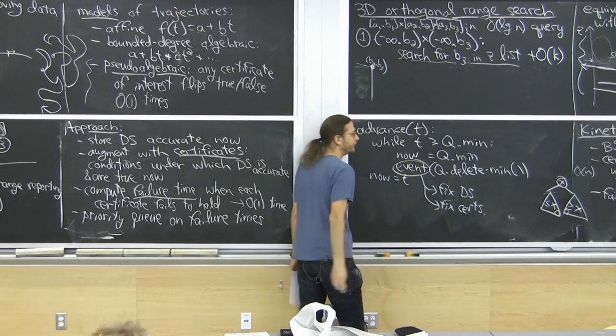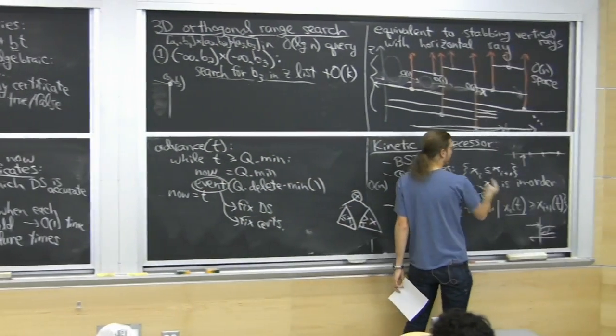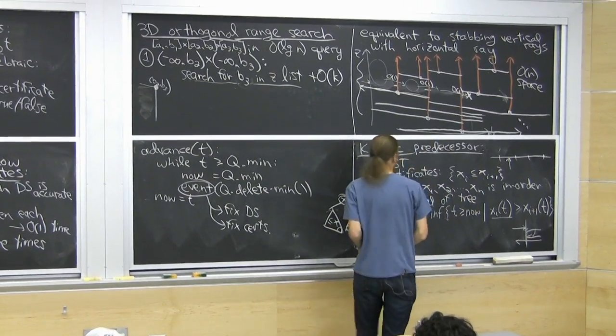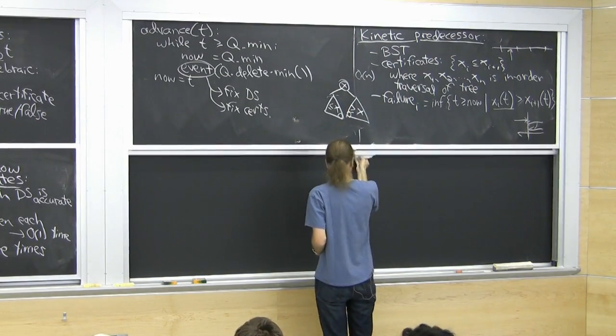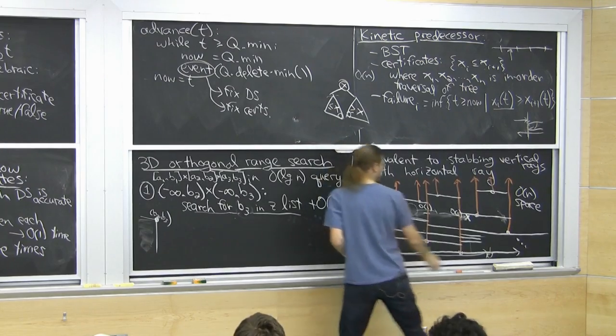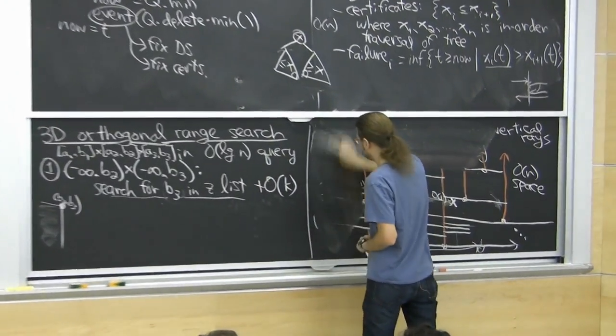how do you process an event? When one of these things happens, you're about to transition to xi being bigger than xi plus 1. What do you do? So that's the real heart of the data structure.